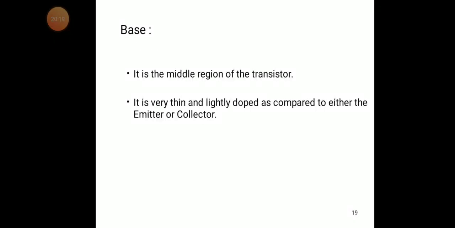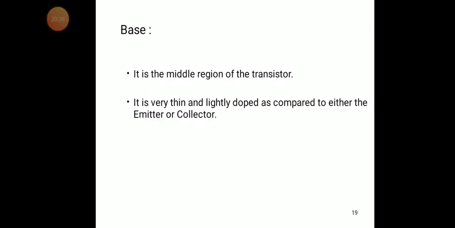Next is the base. It is the middle region of the transistor, where we inserted a very thin layer. It is very thin and lightly doped as compared to either the emitter or collector.